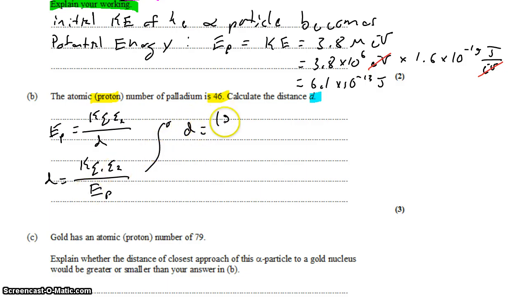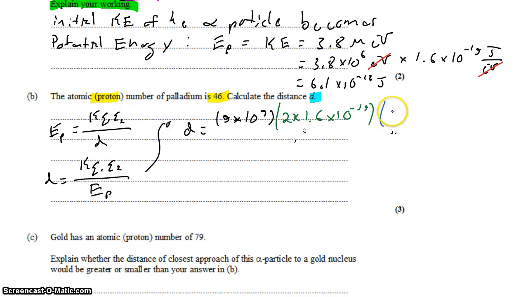d is equal to 9 times 10 to the 9th. It's Coulomb's constant, k, 9 times 10 to the 9th. Q1 and Q2 are the charges of the two particles. So one of them is the alpha particle. There are 2 protons, each with a charge of 1.6 times 10 to the negative 19th coulombs. And the other one is the palladium.